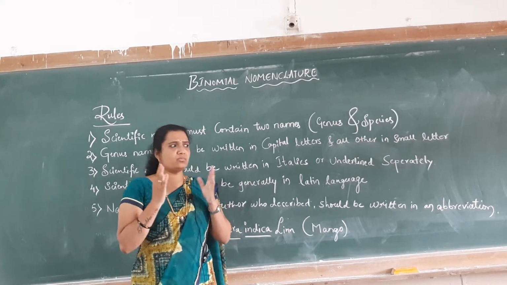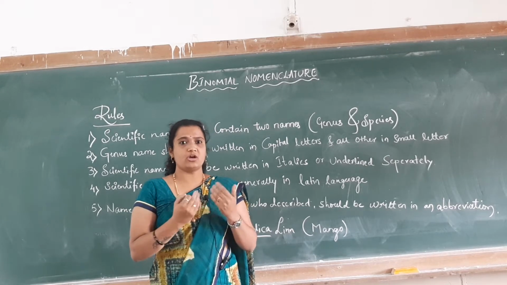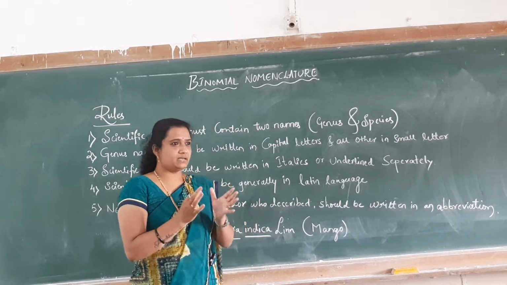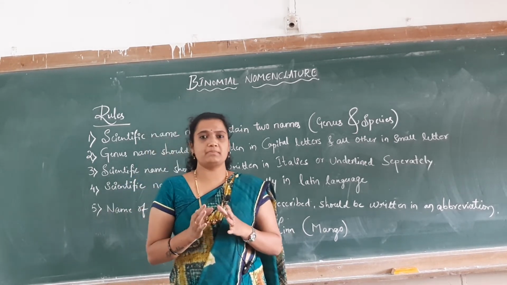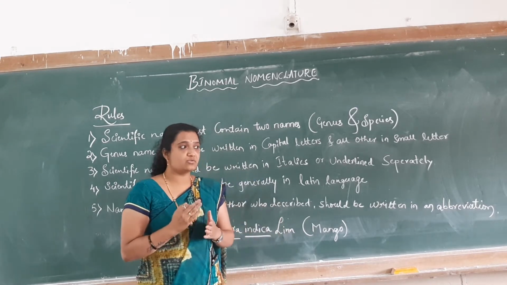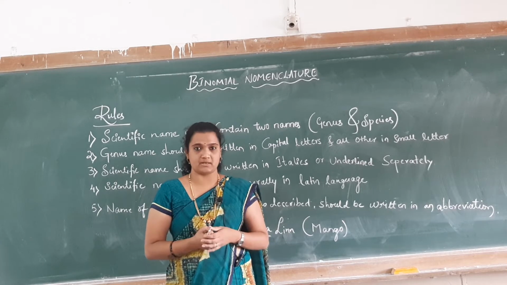There are so many plants and animals on the earth, and we all know them by their local names. This led to some confusion among people living in different areas. So we need to standardize the names of living organisms, whether plant or animal.